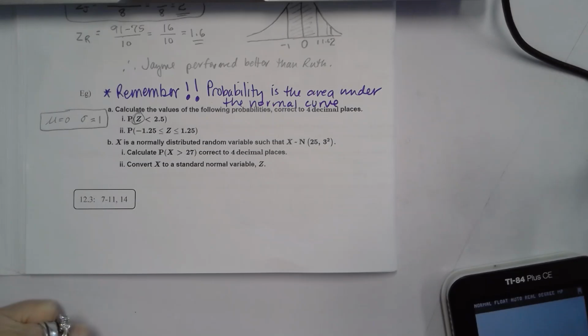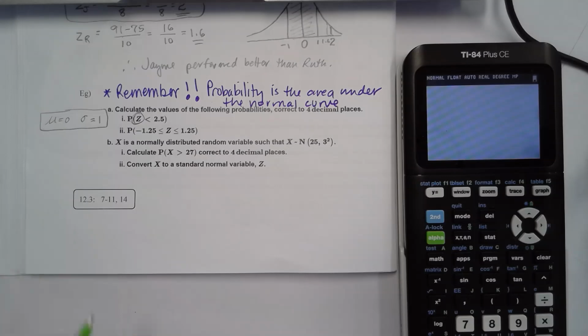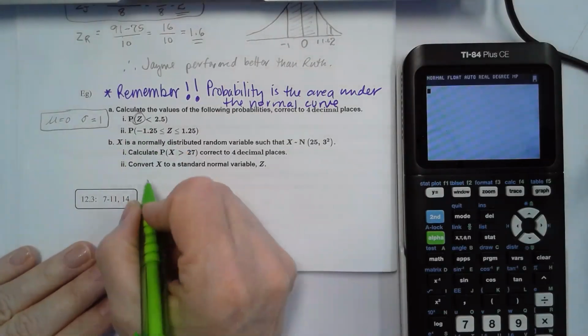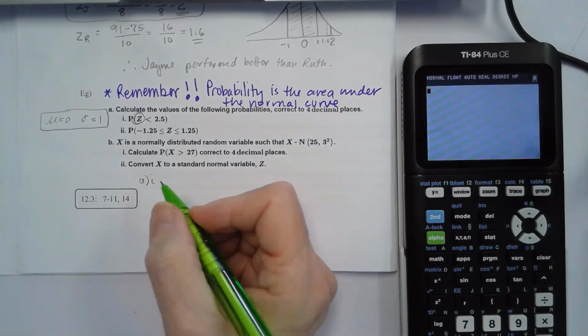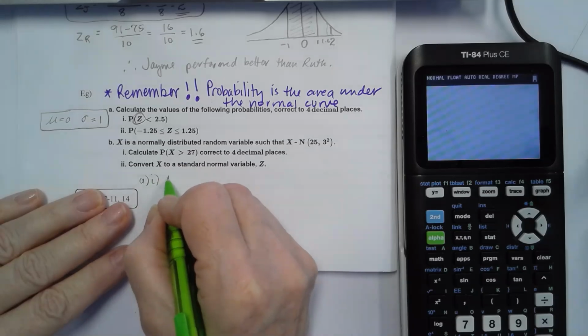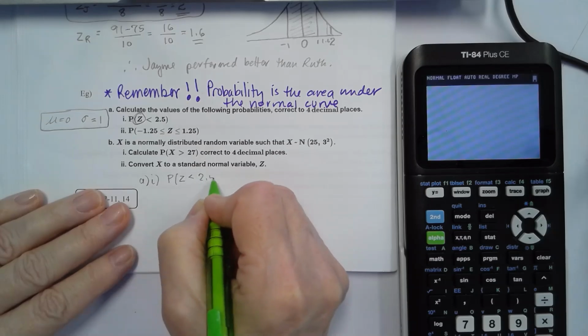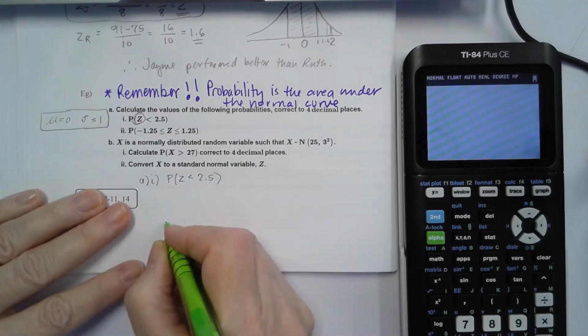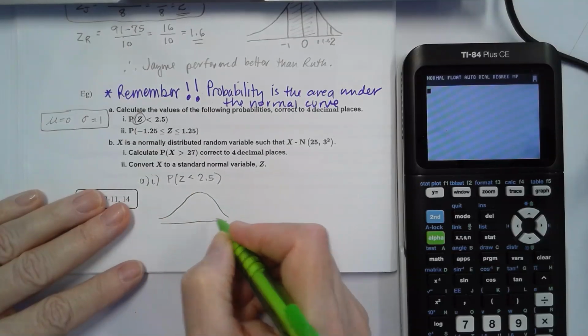Okay. All right, so I'm going to go in. I want the probability that the z-score is less than that. Draw a little picture, normal curve. What goes here?